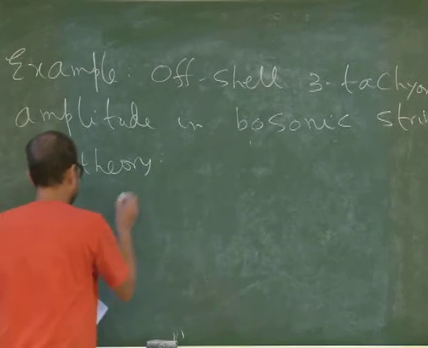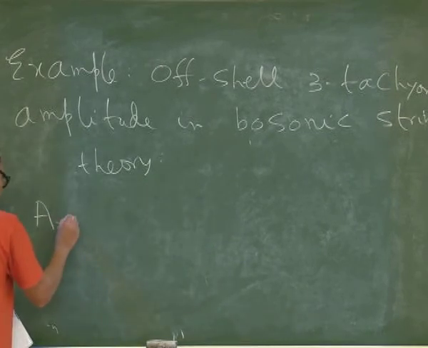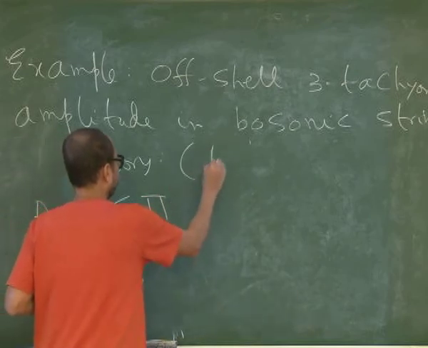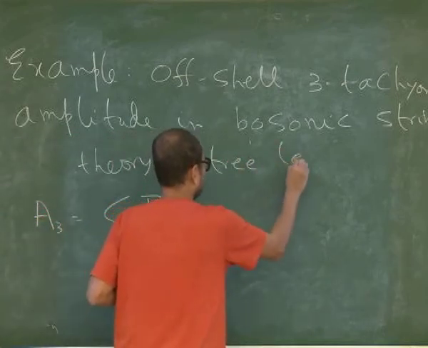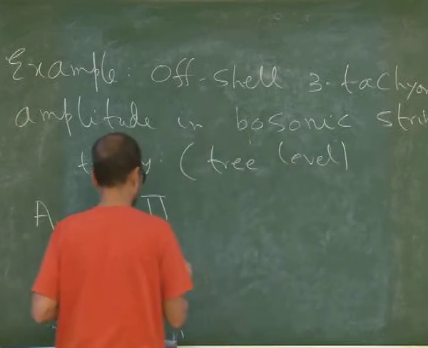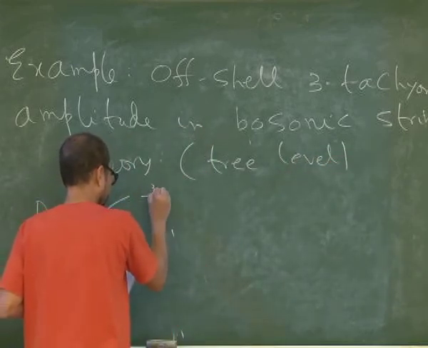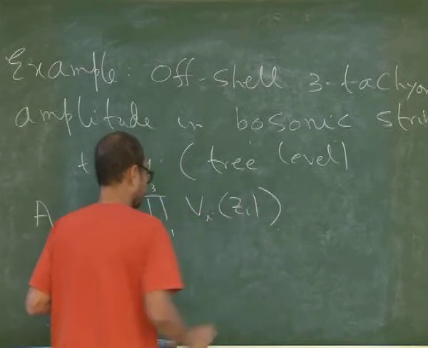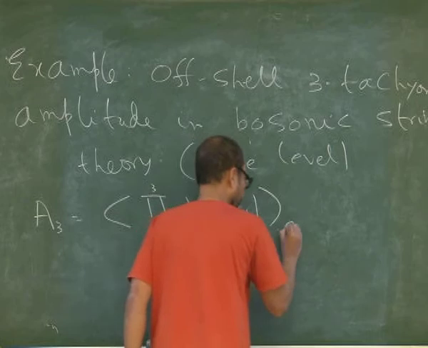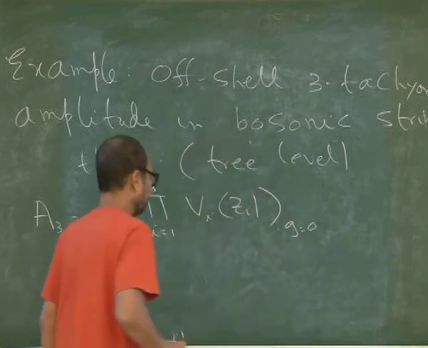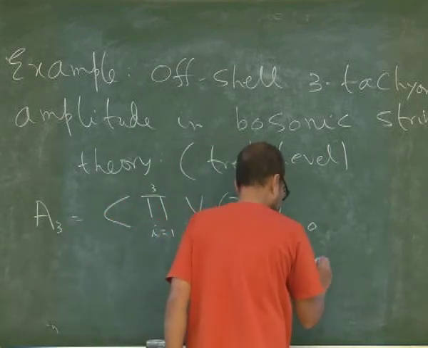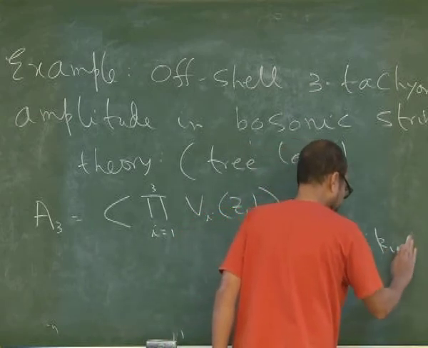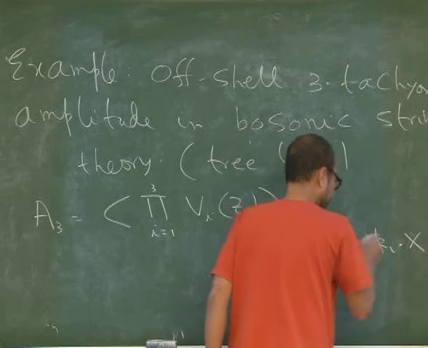So this one is given by the following correlation function, and we look at tree level. Okay, so even simpler, at g equal to 0. What is V_i? V_i is e^{i k_i · x_i}. These are the external momenta of the tachyons.